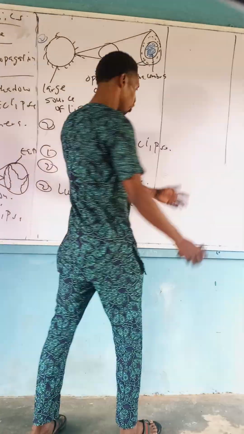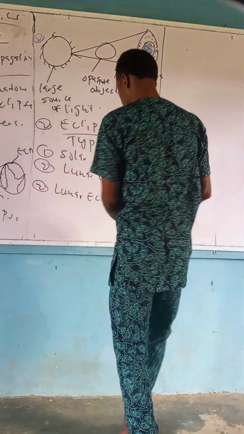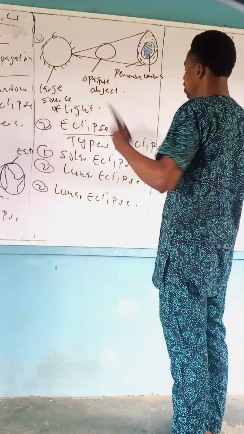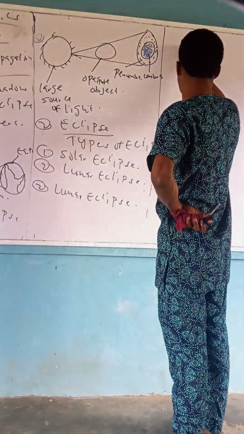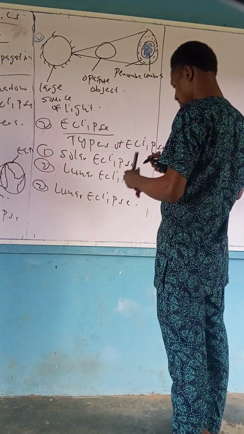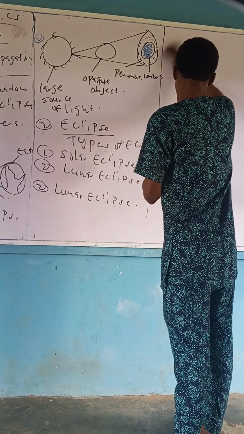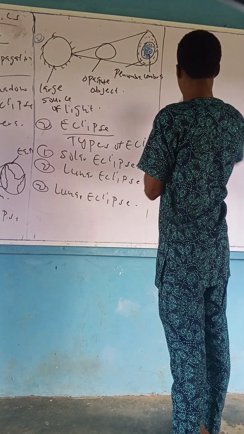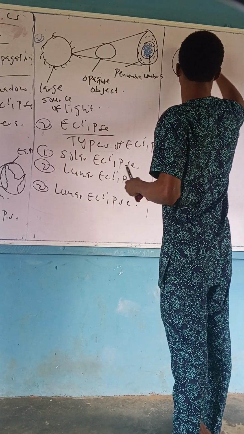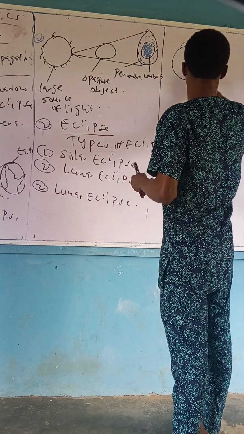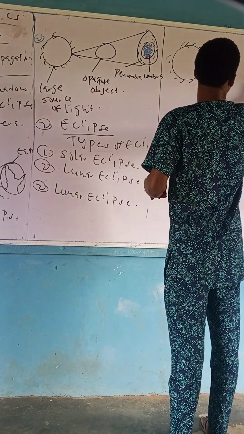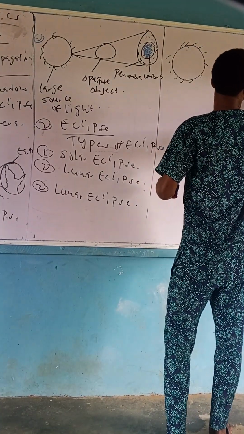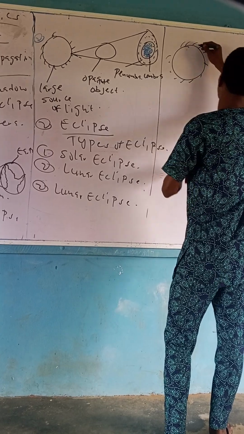So let me just draw the diagram. Excuse me. Let me give a visual diagram of how a lunar eclipse will look. Let me assume that this is the sun.